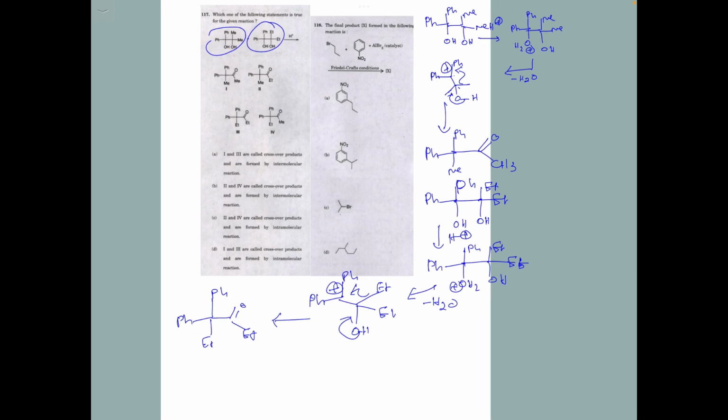Now we have to find the crossover product. To find the crossover product, just take the carbocation from both the molecules.